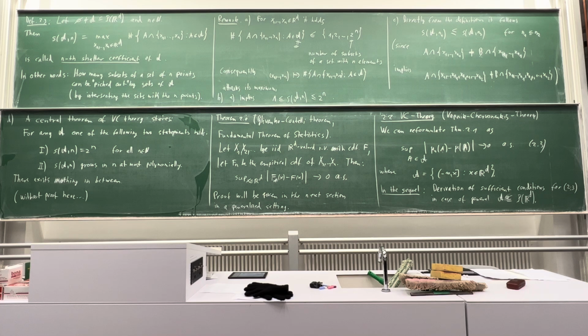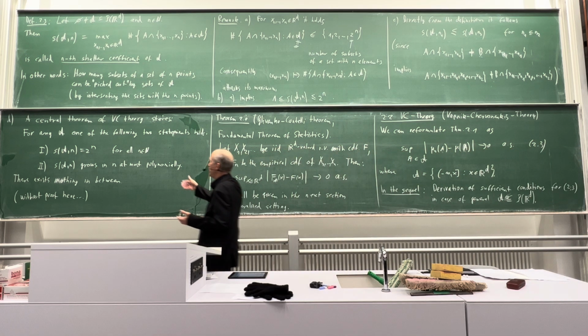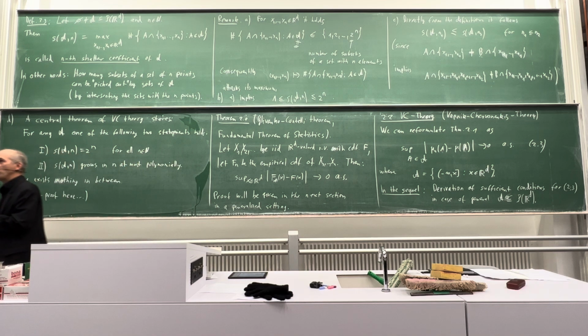The shatter coefficient is more or less clear, but the Vapnik-Chervonenkis dimension of a subset is much more difficult to understand. But it's a combinatorial quantity again, and it helps you decide which of these two cases holds and bound these shatter coefficients more efficiently.